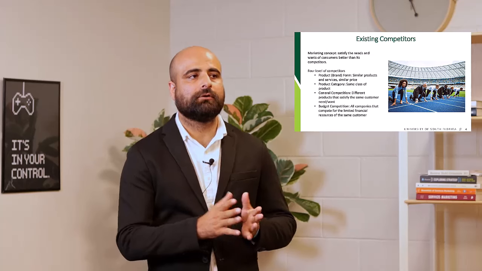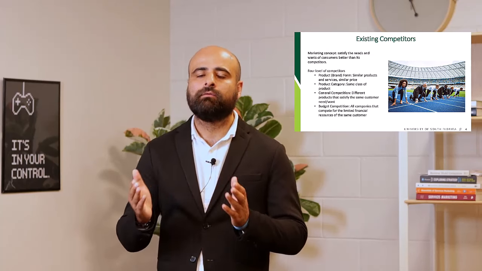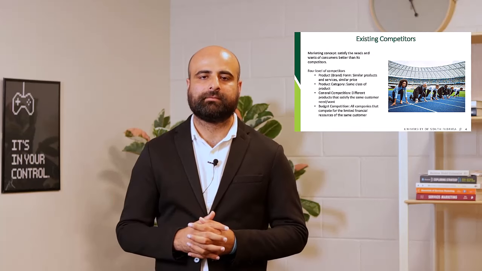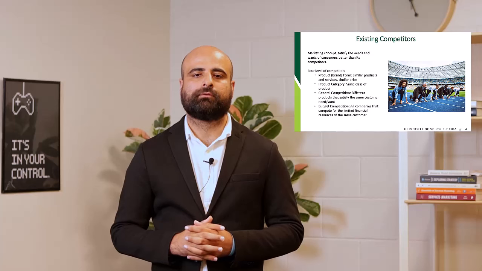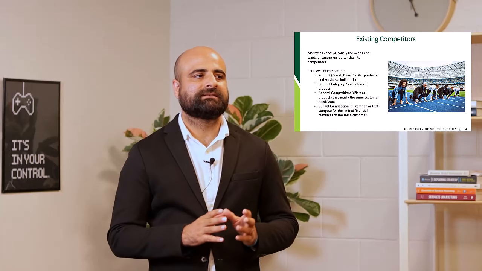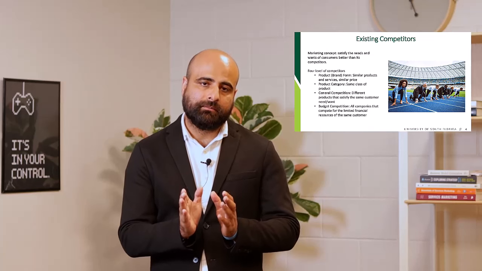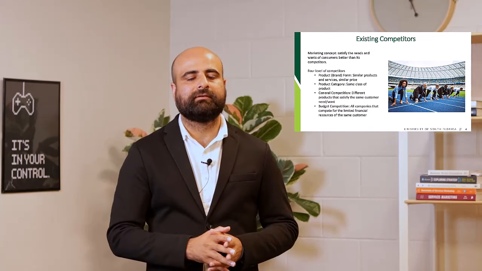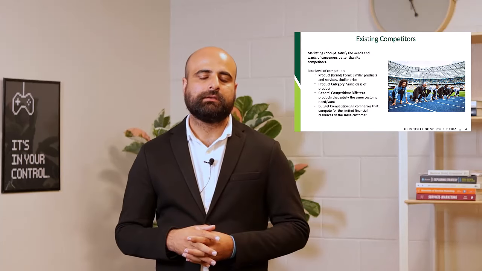The first level is called product form, which is the similar products and services with similar price that you are offering. The higher level of competition, or the broader form of competition, is called product category competition, which means that the competitor is in the same product category. For example, McDonald's is a burger company.